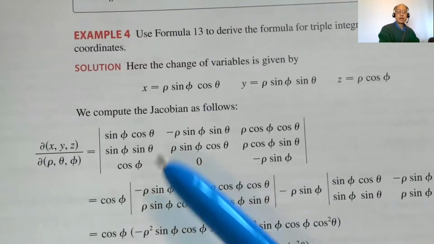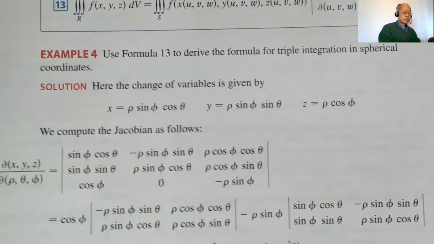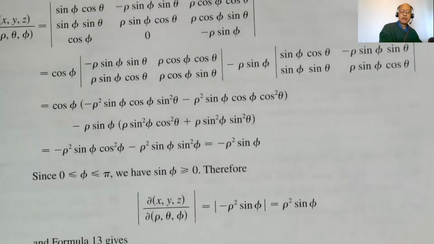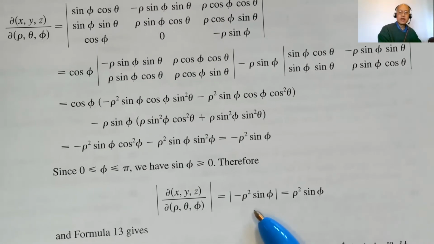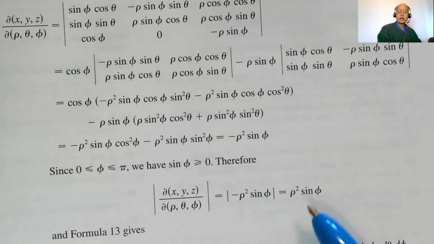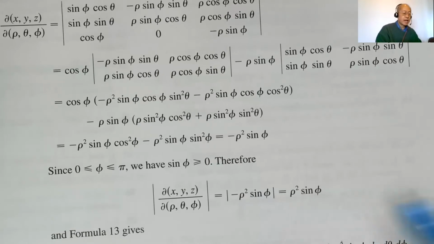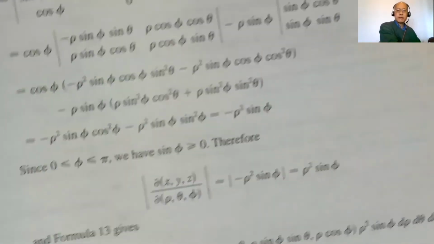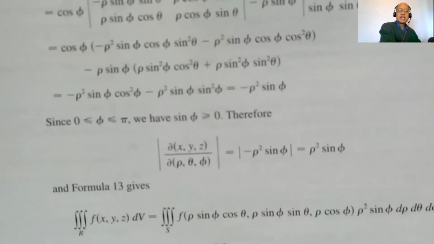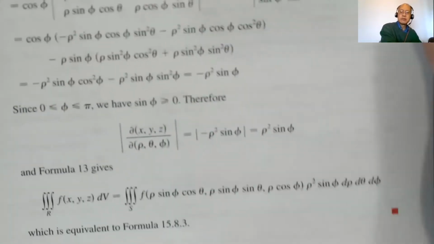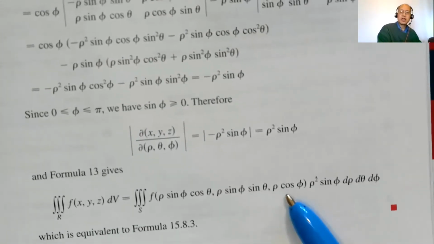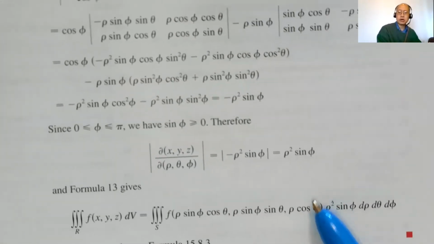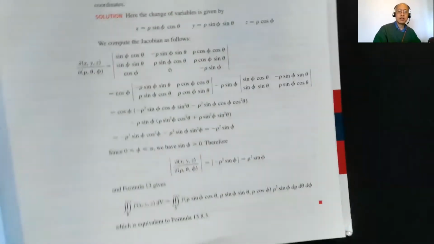I'm not holding you responsible for it. They work this all out. The Jacobian comes out to be negative rho squared sine phi, whose absolute value is rho squared sine phi. And that's precisely what we had from the last section. That's why dV, which is dz dy dx in some order, becomes rho squared sine phi, the magnitude of the Jacobian, d rho d theta d phi.